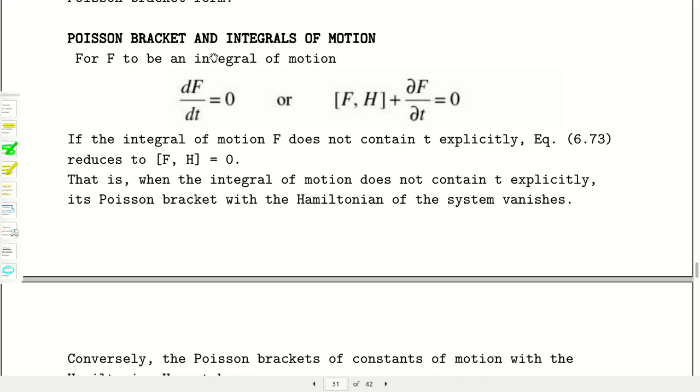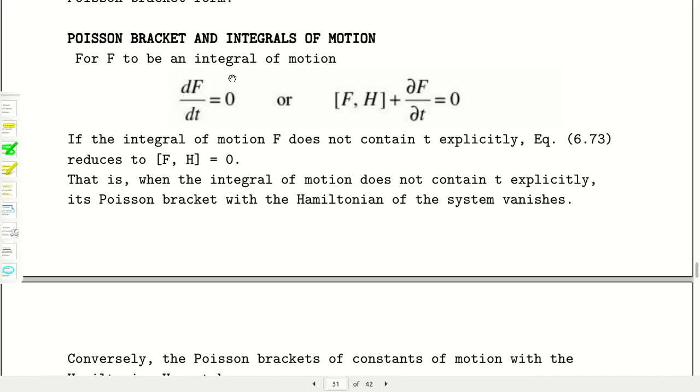Another thing: Poisson bracket and integrals of motion. What are integrals of motion? I have told you that conserved quantities are called integrals of motion. Integral of motion is another term, except conserved, and the meaning is the same.